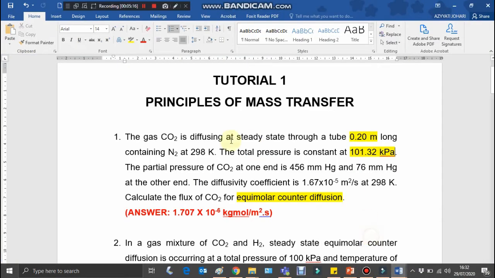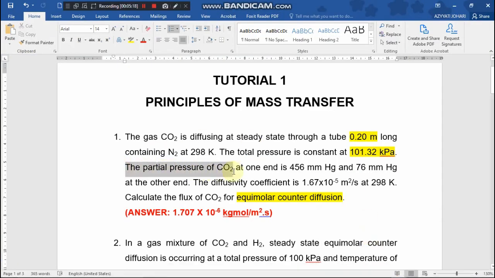Then the partial pressure of CO2. We assume CO2 is component A based on the assumption. At one end, this is the first PA and this is the second PA, so this will be PA1 and this will be PA2 at point number 2.